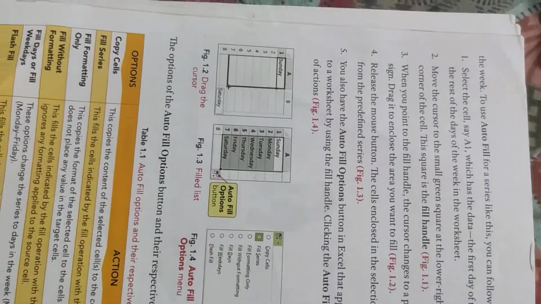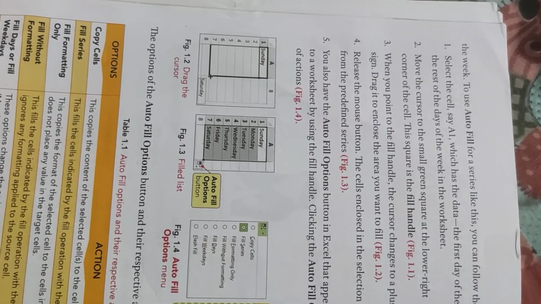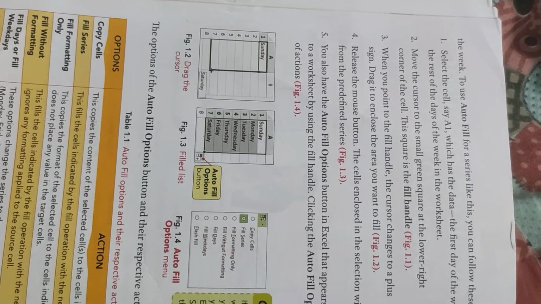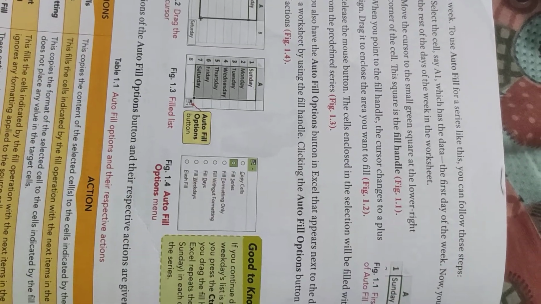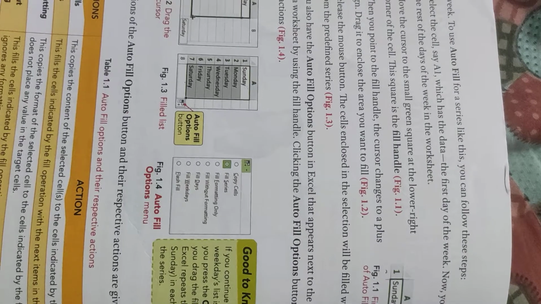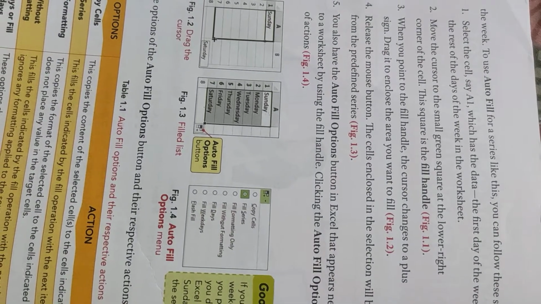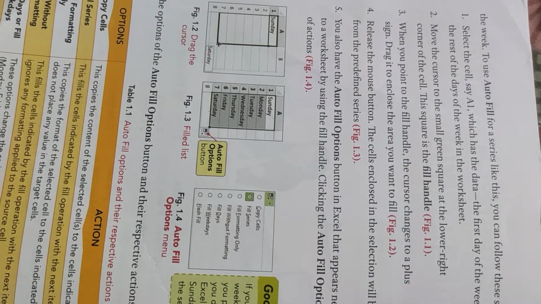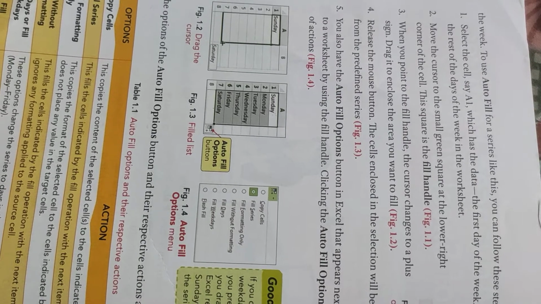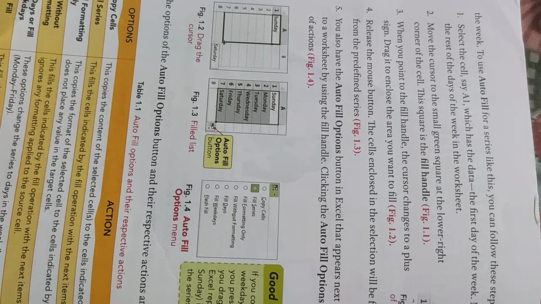This will handle up till 7, because a week has 7 days, and the remaining portion will be autofilled by MS Excel. Monday to Saturday, all those names will be written by MS Excel. You don't have to write them, you just have to write Sunday.